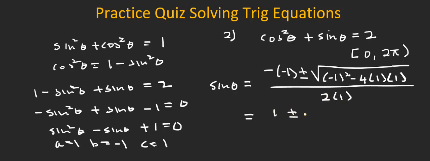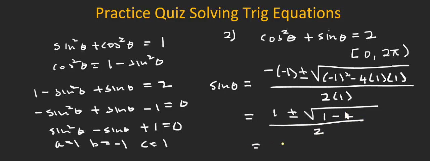So it's going to be 1 plus or minus the square root of 1 minus 4, all over 2, which is going to be 1 plus or minus radical negative 3 all over 2. Now notice, the discriminant is negative 3. So what happens? First of all, radical negative 3 is imaginary. So that means you do not have a real solution. So the answer is no real solutions.